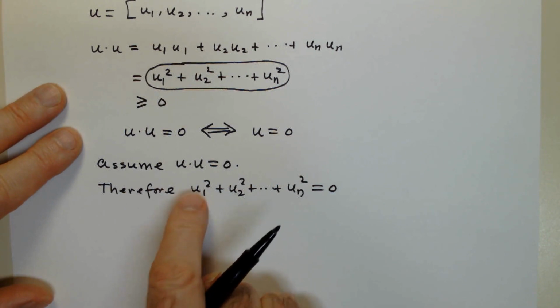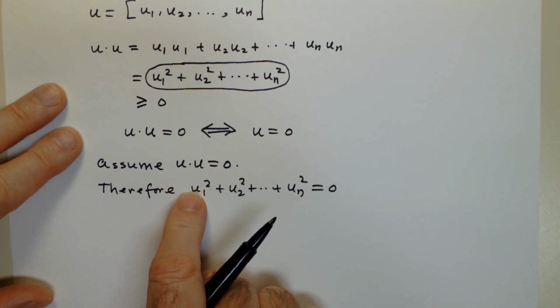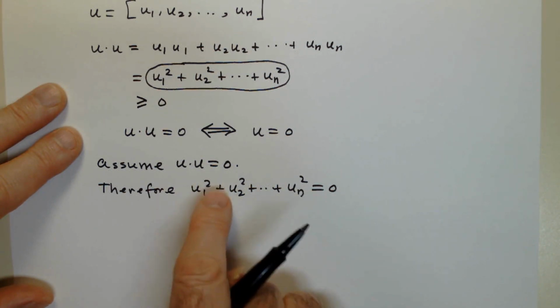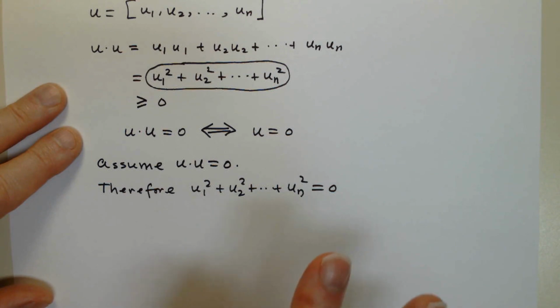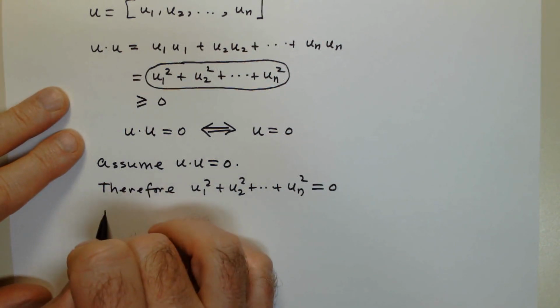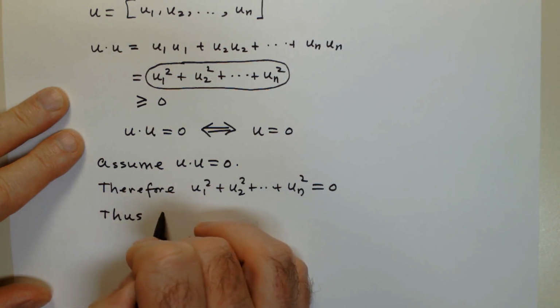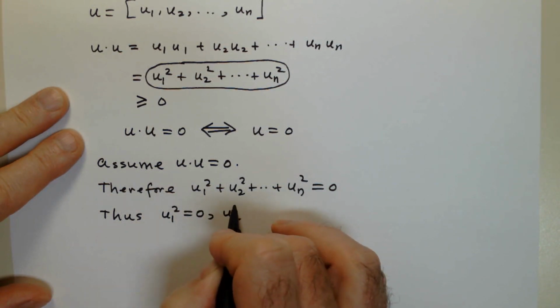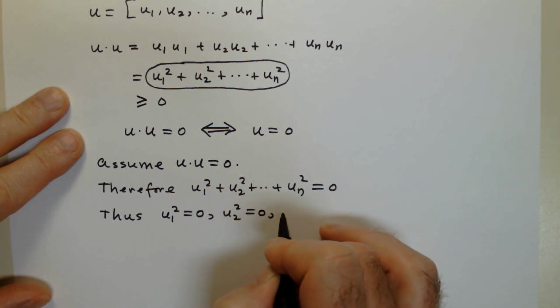But now remember, each one of these is a number that's bigger than or equal to 0. So in order for this sum to equal 0, each one of these terms must itself be equal to 0.